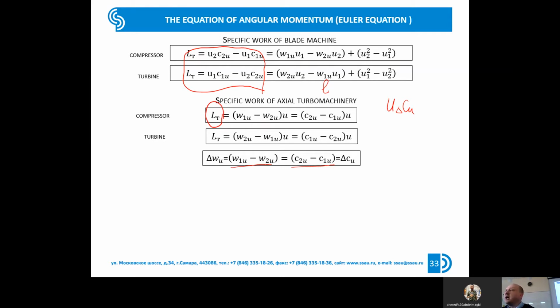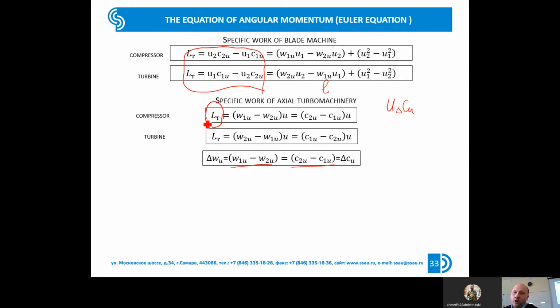But in reality, we have a lot of specific works in the turbomachinery. We have supplying specific work. We have specific work which is supplied to the flow. We have work of ideal compression, work of ideal expansion. We have a lot of specific works in the turbomachinery, and of course it could be hard to understand, especially at the first moment.